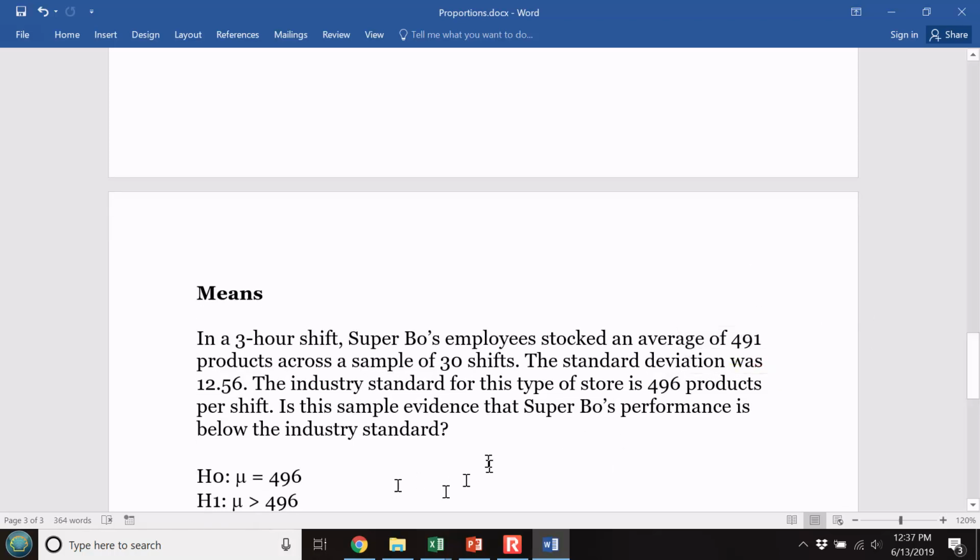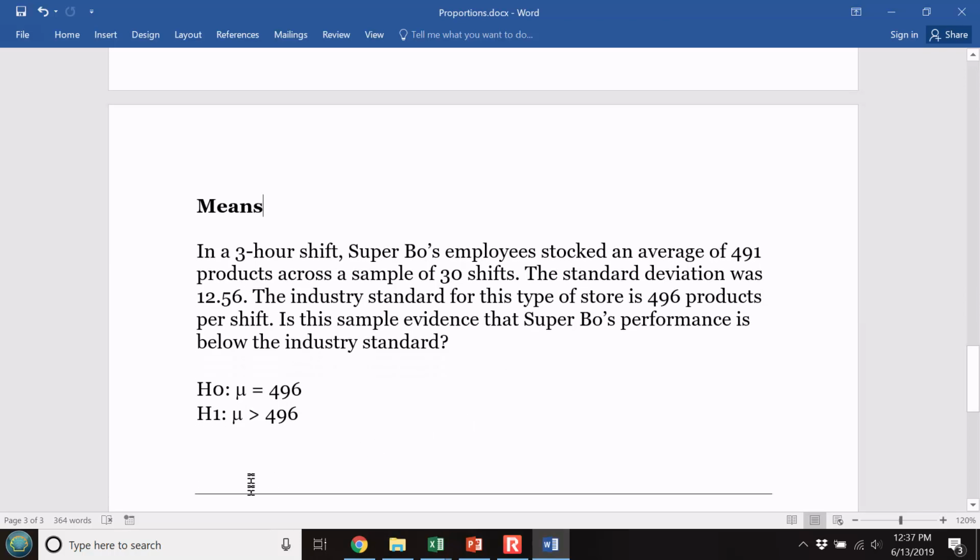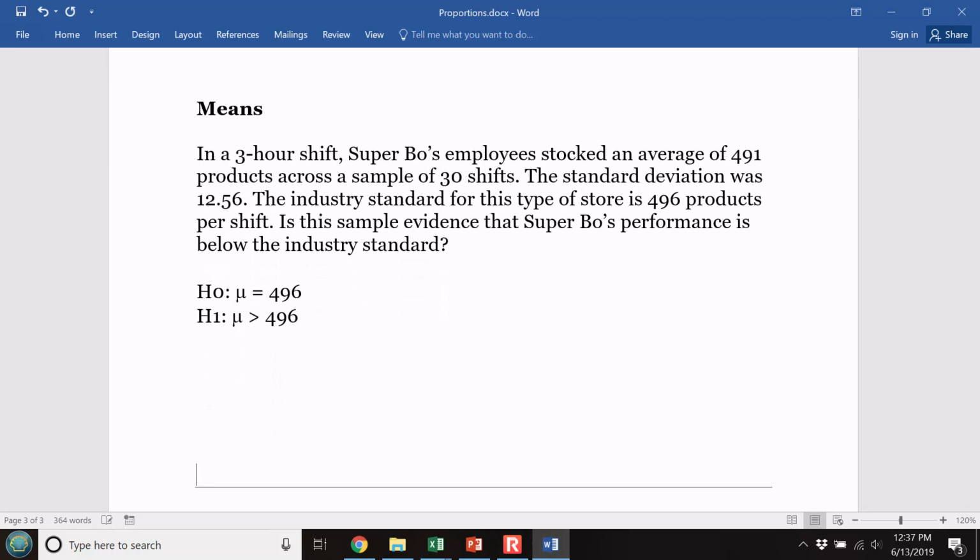These clearly are not the same number, but that could be random variation. So is this evidence that this store's performance is below the industry standard? So there are my hypotheses. At a population level, is mu equal to the industry standard, or actually, it's backwards, below the industry standard?